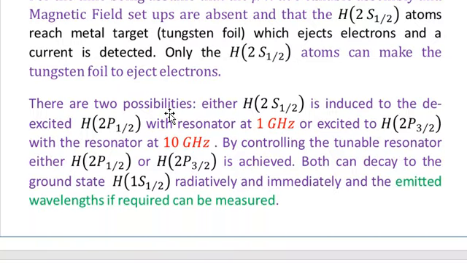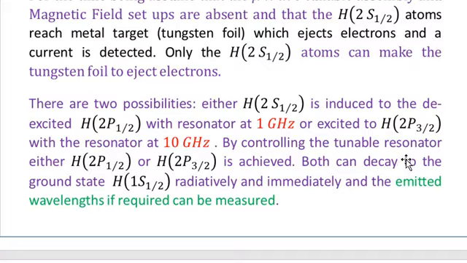There are two possibilities. Either H 2s1/2 is induced to transition to H 2p1/2 with a resonator at 1 gigahertz, or excited to H 2p3/2 with a resonator at 10 gigahertz. So either you generate 2p1/2 or you generate 2p3/2.